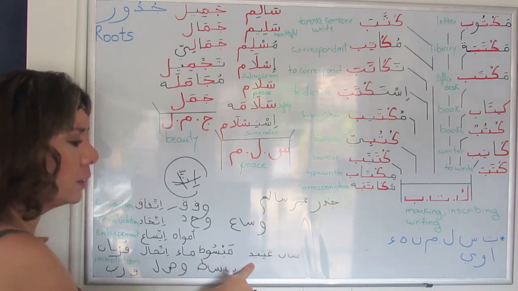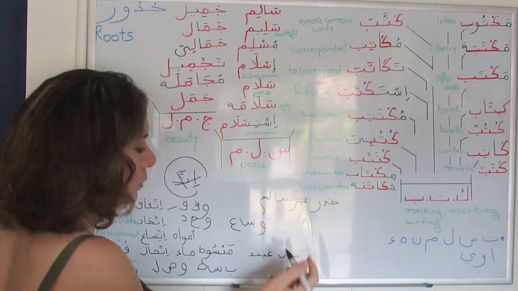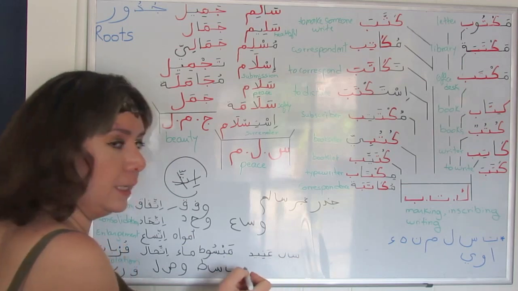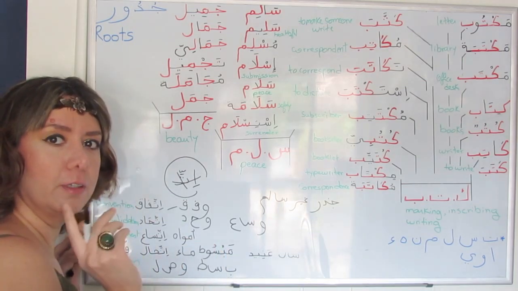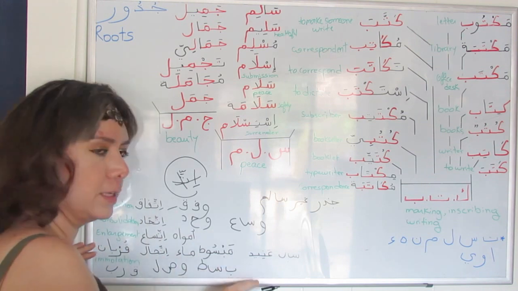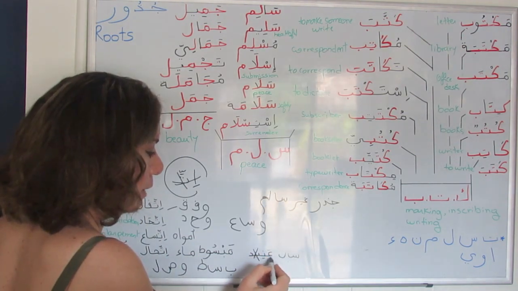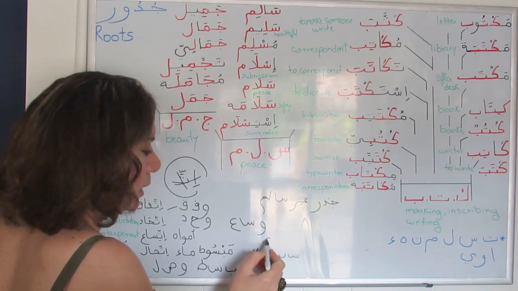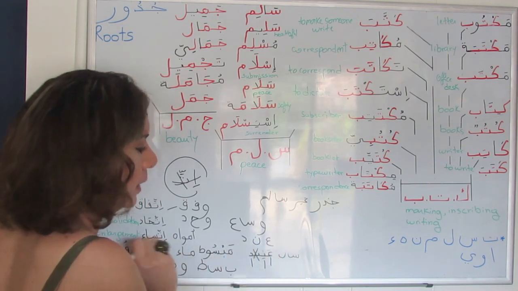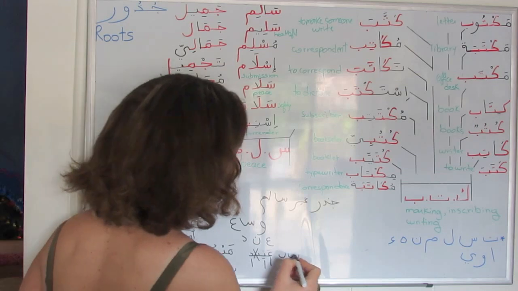Here I need stubborn. We have anid, it follows the pattern fa'il because it's an adjective. So we'll get rid of the ya, we will have ain, noon, dal. Ain, noon, dal.